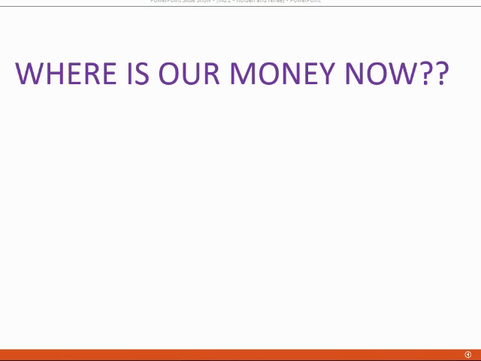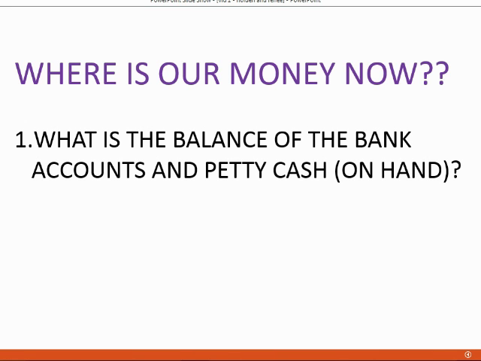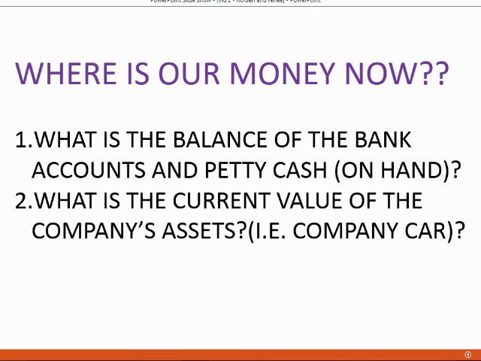Now, before I show you Holden's financial statements, let's discuss that other question that came up. Where is our money now? For example, if you're doing accounting, one of the things you need to know is what is the balance of the company bank accounts or any of the petty cash that the company has on hand. If you're doing the bookkeeping and accounting, you also have to know what is the current value of any of the company's assets, like the company car.